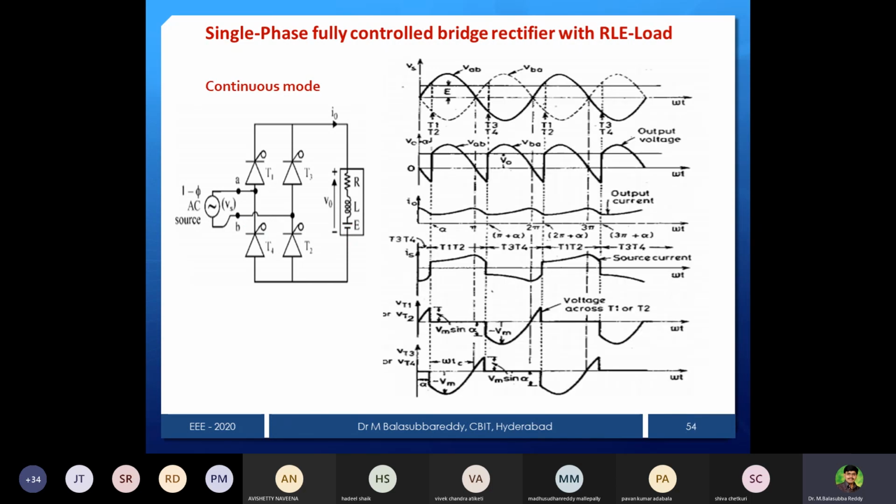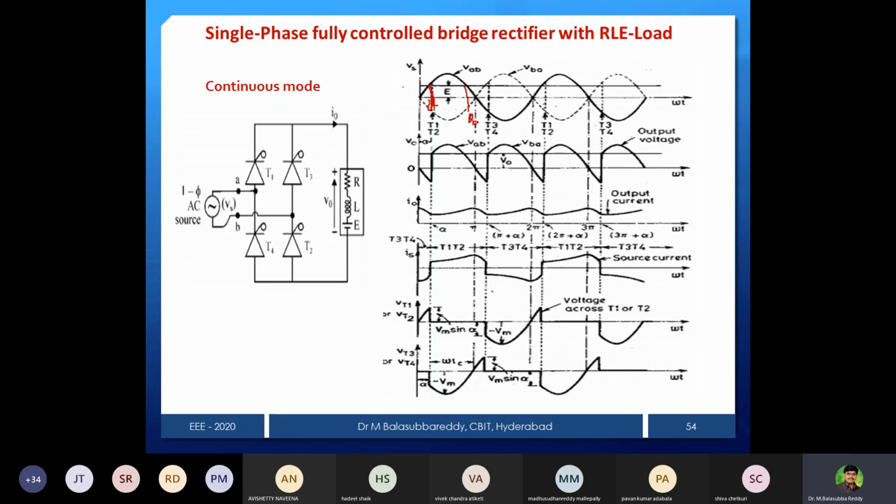Now for the continuous case, nothing special will happen. Anyhow, it is going to conduct. This will start with alpha and then pi plus alpha and so on. But alpha will always be between theta 1 and theta 2. This point I call theta 1, and this point I call theta 2.